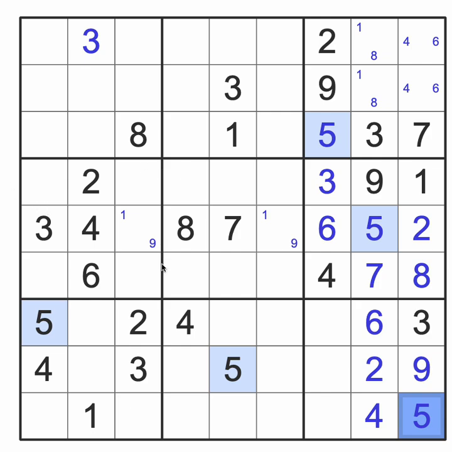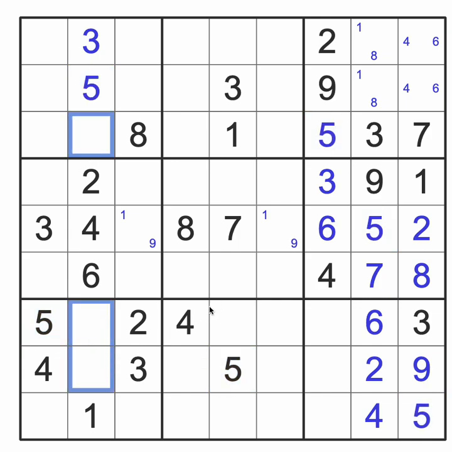And now 5 in box 4 will either be here or here. In turn, it will block these two cells from being 5. And this 5 blocks these 3 cells. And here's another 5 that blocks this cell from being 5. Gives me 5 in here.